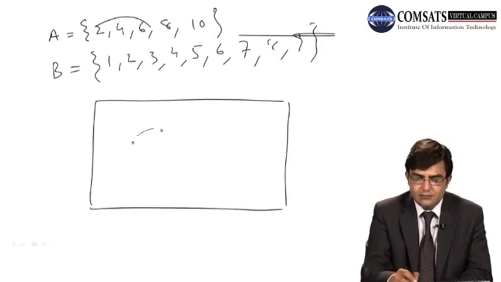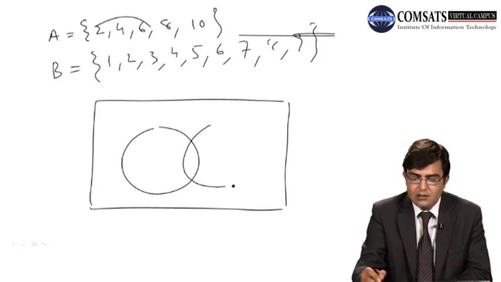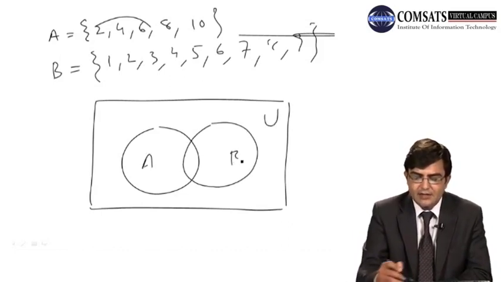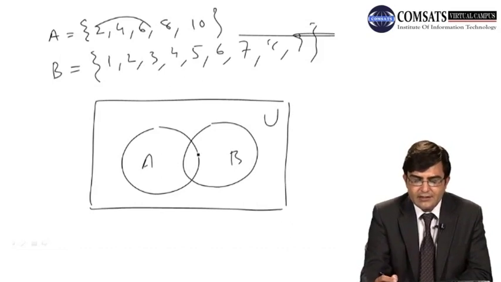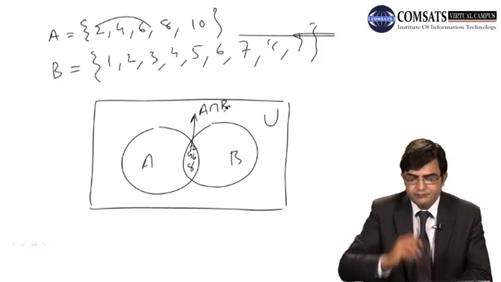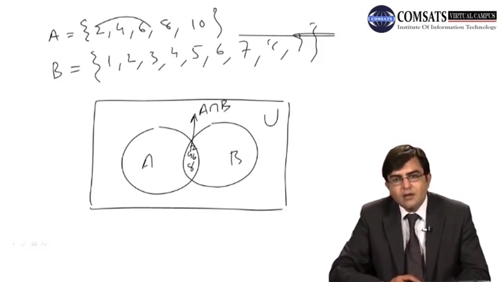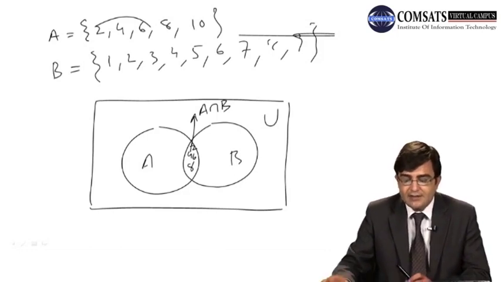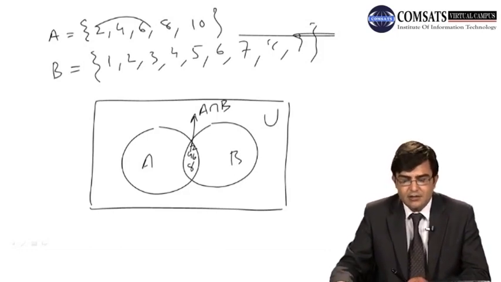We have the universal set, this is set A, this is set B. In the intersection we have 2 4 6 8. So this is A intersection B. This is how we express intersection using Venn diagrams.